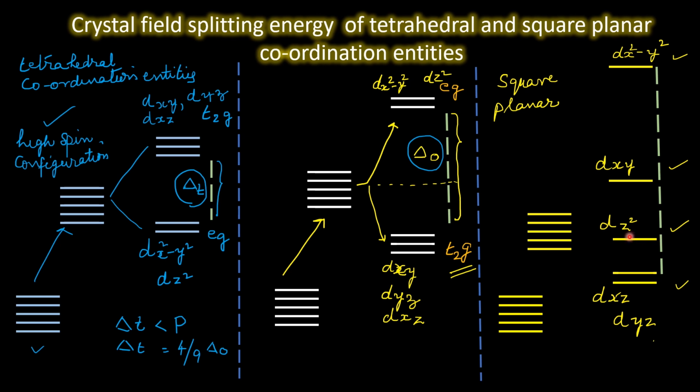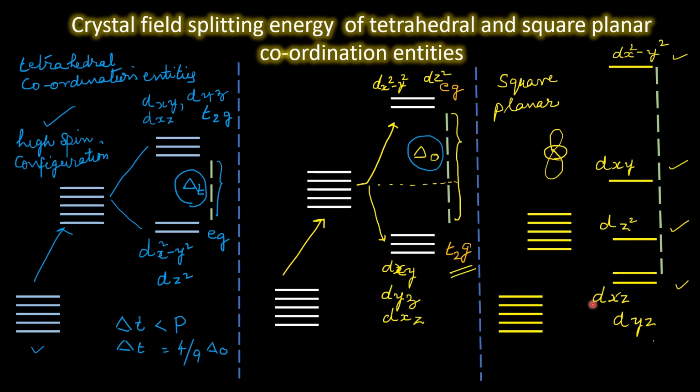There is a central belt-like portion and two lobes pointing outwards, one upward and one downward if we show it in the vertical plane. These are the two lobes. This is the central belt region. Though the two lobes are directed outside the plane of the complex, the central belt region is in the plane of the compound. So it also experiences some repulsion and it has some energy, though at a lower level.